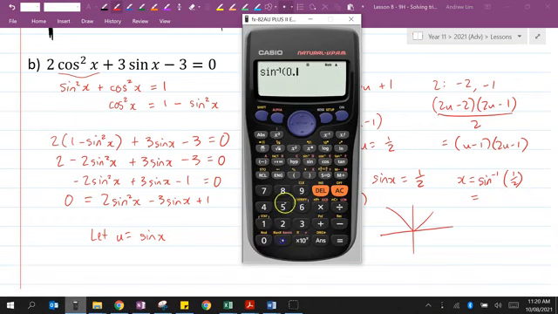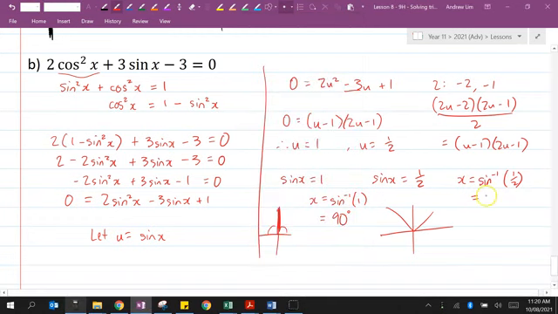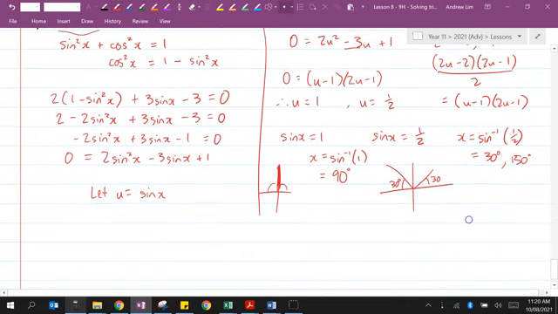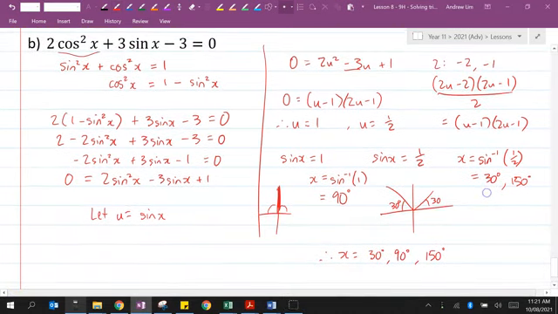Inverse sine of half, yeah, 30 degrees. So I know that's 30, I know that's 30. So it's not just 30, it's 30 and 150 degrees. Therefore, x is equal to 30 degrees, 90 degrees, and 150 degrees. And that's it. Again, you can check your answers by substituting these values into the original equation and seeing if it equals 0.